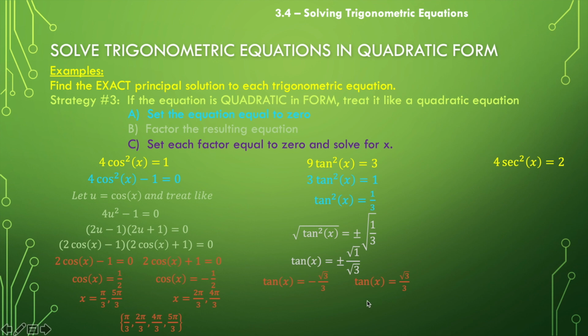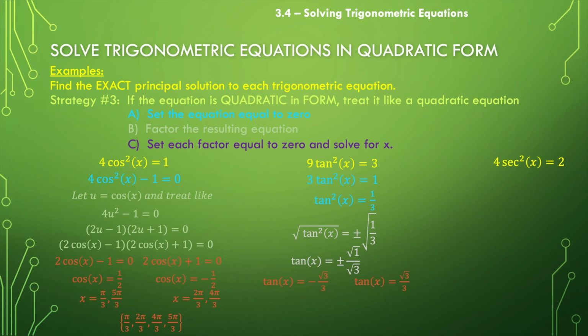And now we're going to rely on our knowledge of the unit circle. Where are there angles that have a tangent of x equal to square root of 3, either the plus or the minus? And we would find those at our 30-degree angles or our multiples of pi over 6 that don't simplify to pi over 3.